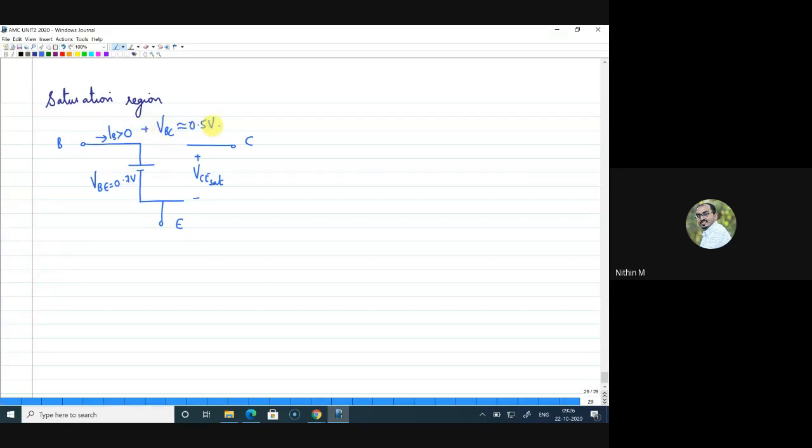So in that case, VCE sat will be approximately 0.2 volt. Since this is 0.2 volt, we express it as VCE sat. This is how we generally model it. So let me write it here: the emitter base junction is forward biased and the collector base junction is also forward biased.